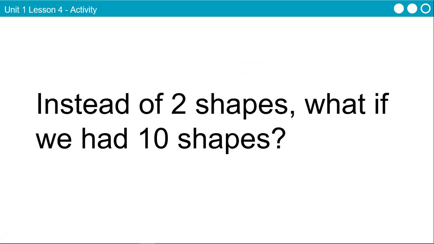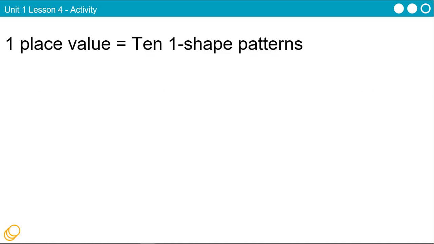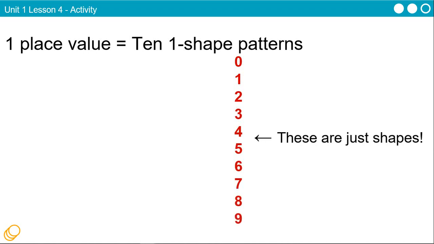So instead of 2 shapes, what if we have 10 shapes, right? The reason they're asking this question is that anytime we write numbers, like when we're doing algebra or geometry, we're creating this numerical system on which we can do calculations and things like that.